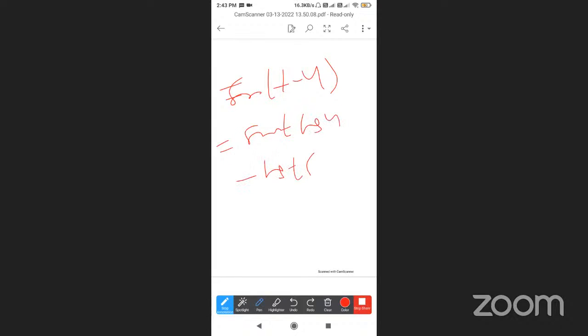So we apply this with sin t and cos t. Only u varies with respect to the integration. So what is the integration?